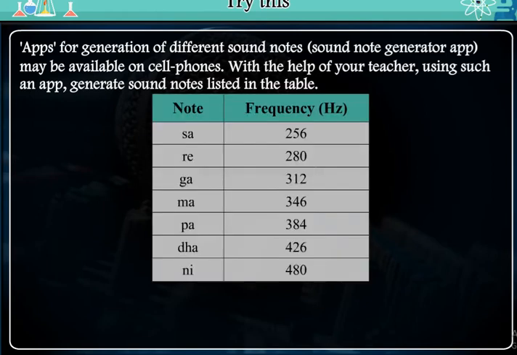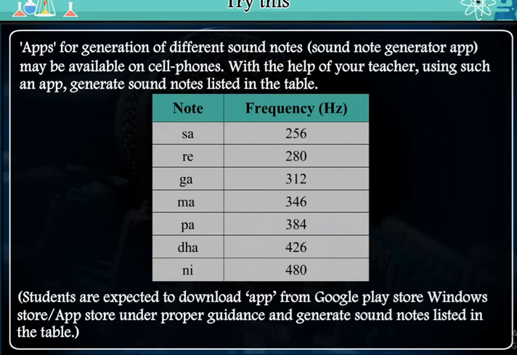Note, frequency in Hertz: Sa 256, Re 280, Ga 312, Ma 346, Pa 384, Dha 426, Ni 480. Students are expected to download the app from Google Play Store, Windows Store or App Store under proper guidance and generate the sound notes listed in the table.